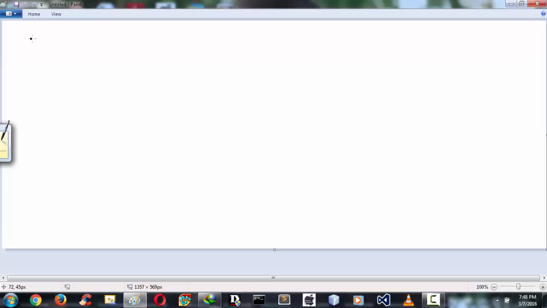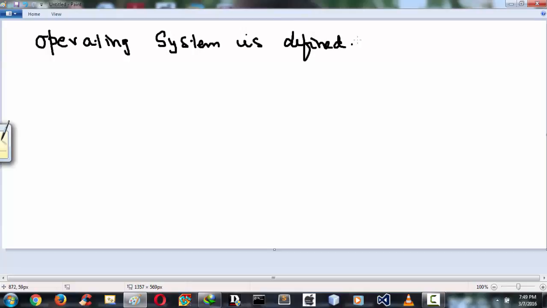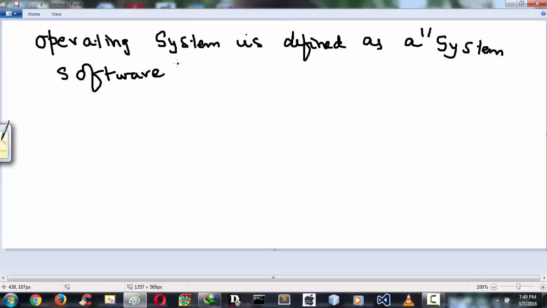I am giving the definition of an operating system. An operating system is defined as a system software. It is also a kind of software, but it is commonly known as system software, not like application software meant for daily needs.